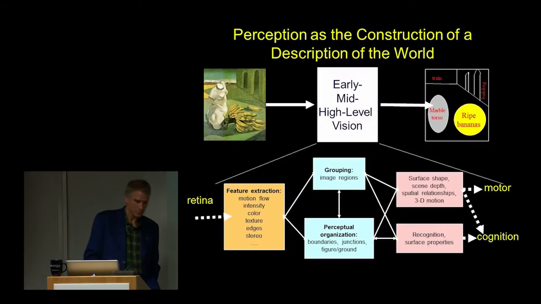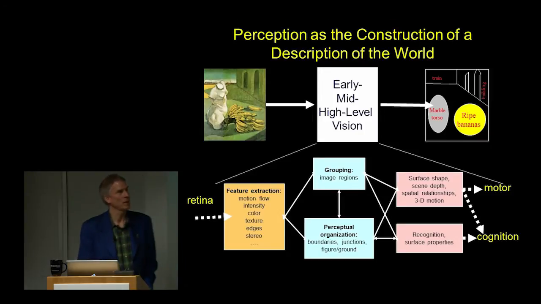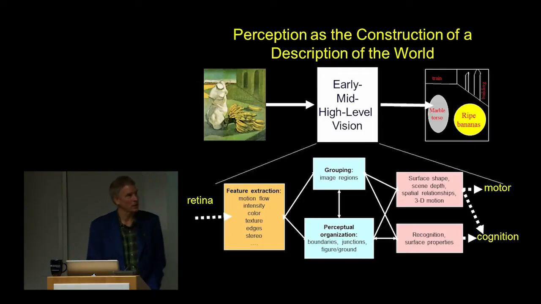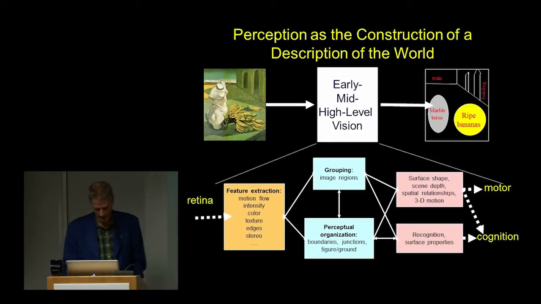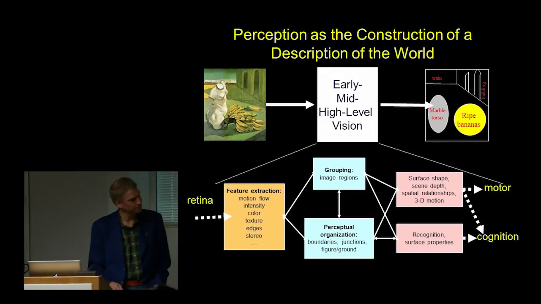Once again, if you think about perception as a construction of a description of the exterior world, theoreticians in vision, both computer vision as well as biological vision, distinguish three separate stages in vision. There's the early stage, there's a mid-level stage, and there's a high-level stage. We don't know to what extent these are all realized in mice.